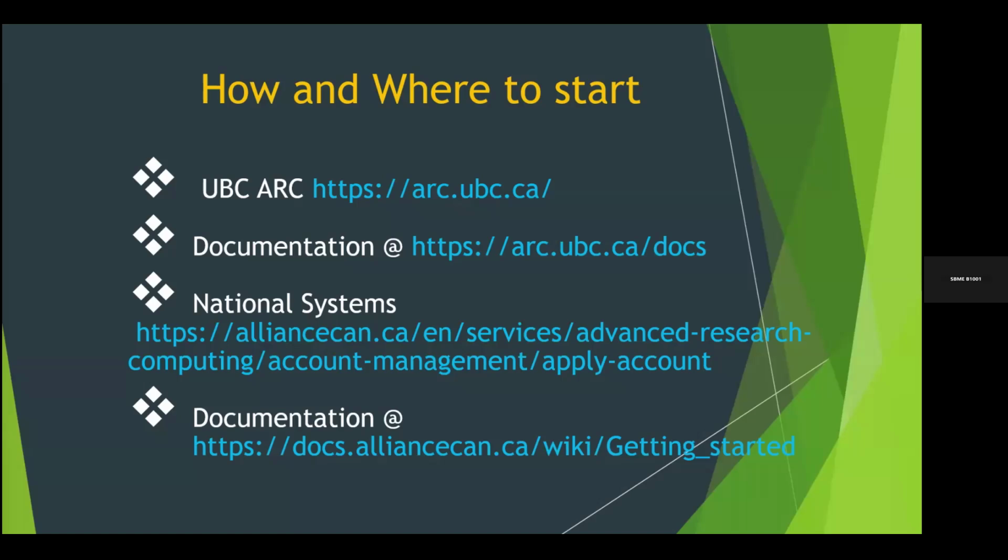Then as far as the national systems are concerned, the beautiful description, what is available, how to get access is on the Alliance web pages. And by the way, I believe that on a Thursday afternoon, or maybe Wednesday afternoon, we have an introduction to Alliance systems as well, given by other members of the ARC team.